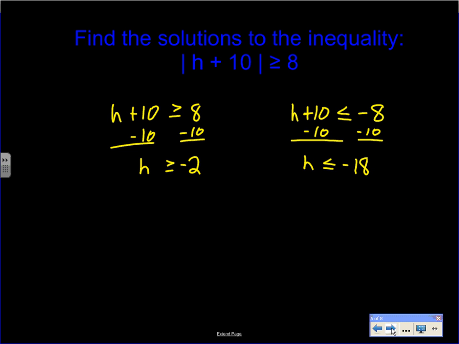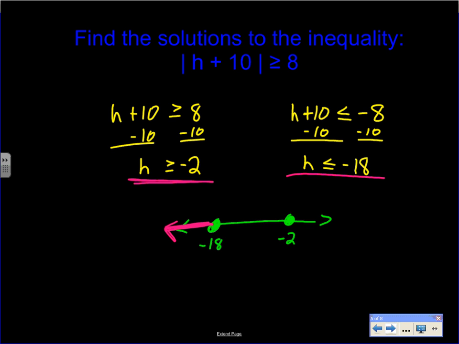This problem here has a little different answer because closed circle at negative 18, closed circle at negative 2, but now h has to be less than or equal to negative 18, so the value of h has to be less than negative 18 or equal to it.